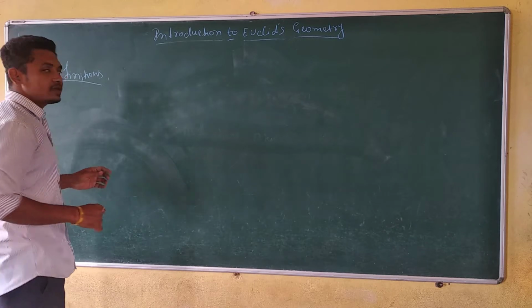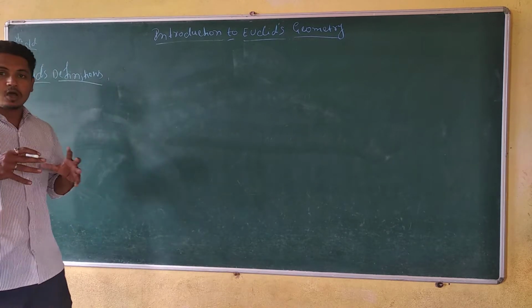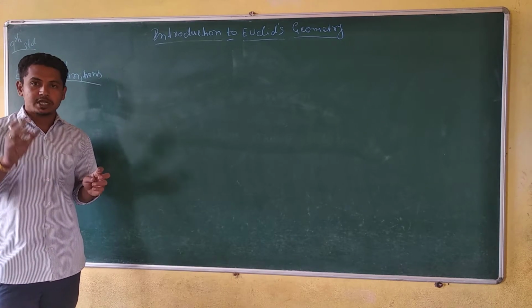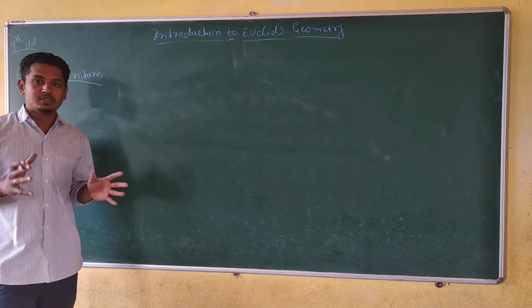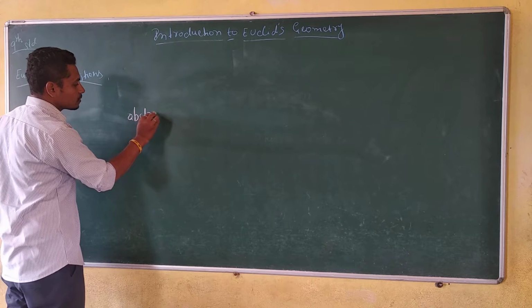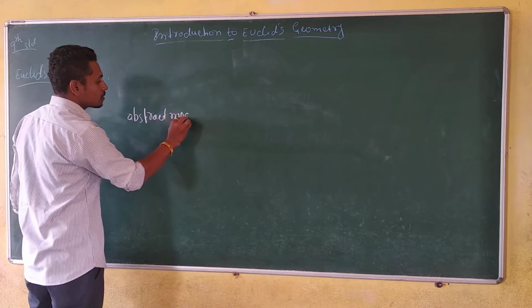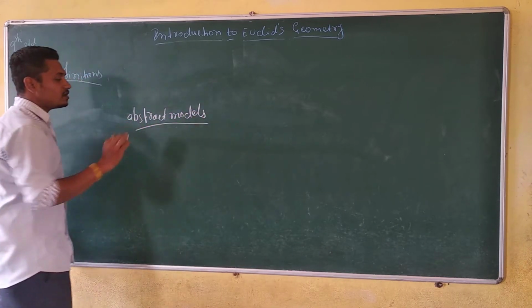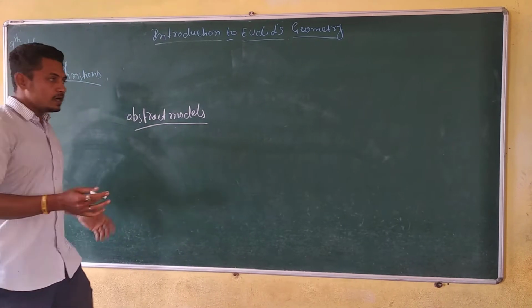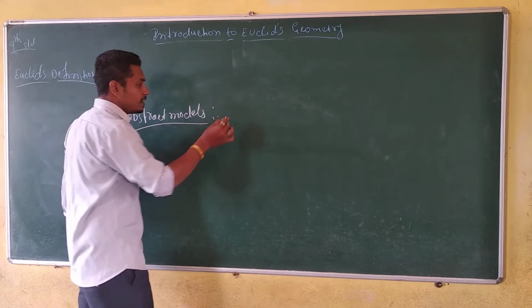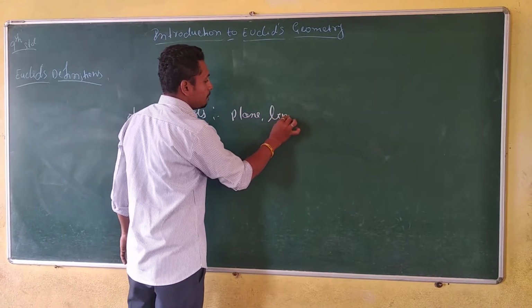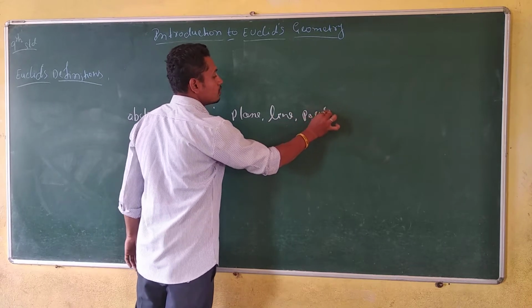Now Euclid introduced the abstract model of this world. Abstract means which cannot be seen. Is it right? Abstract means which cannot be seen. They introduced the abstract models in that world: a plane, line, points, okay.